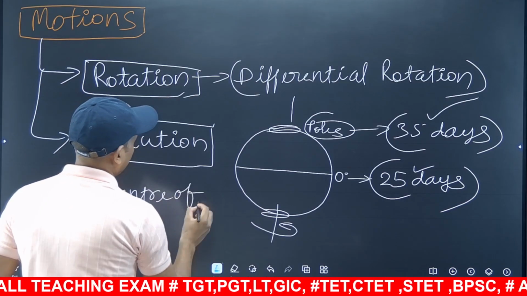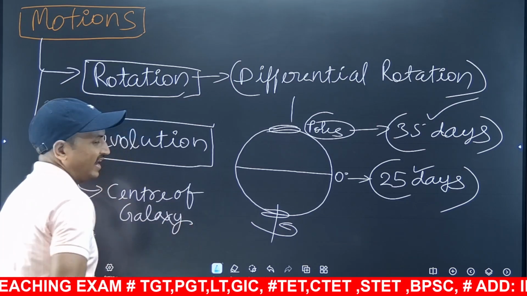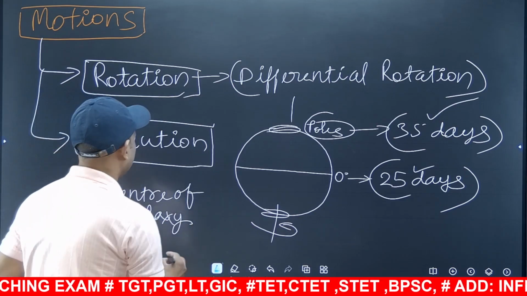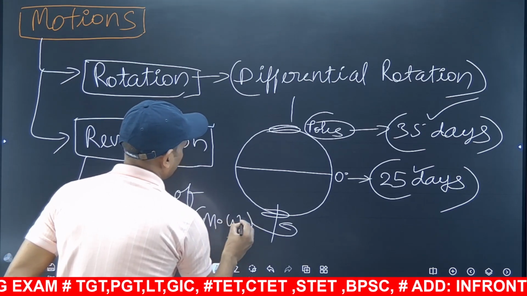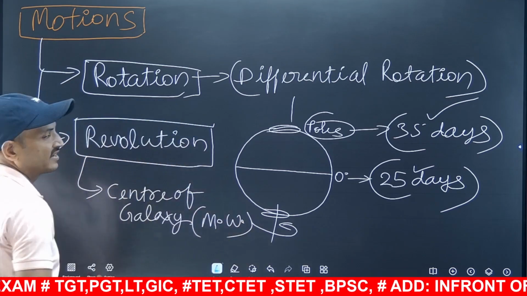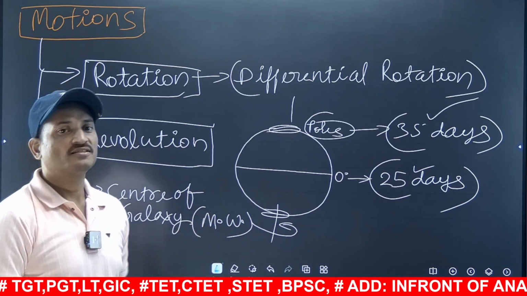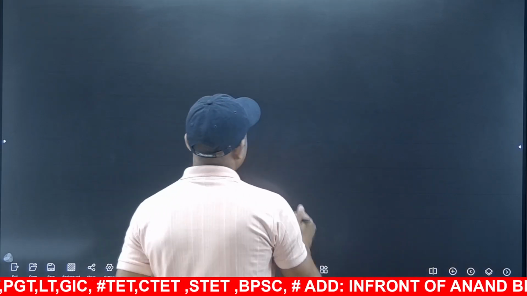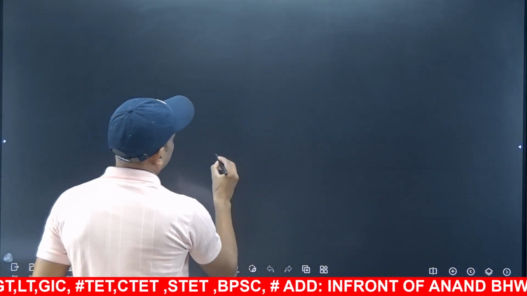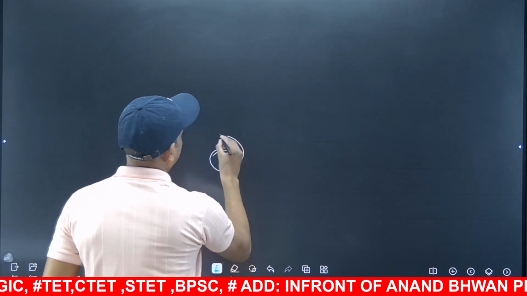The name of our galaxy is Milky Way. So the sun is also orbiting around the center of the galaxy, the Milky Way, because the sun is part of the Milky Way galaxy and situated in its right arm.